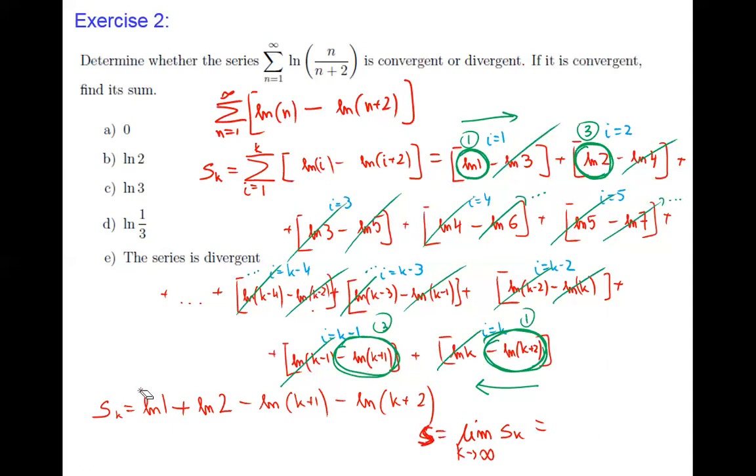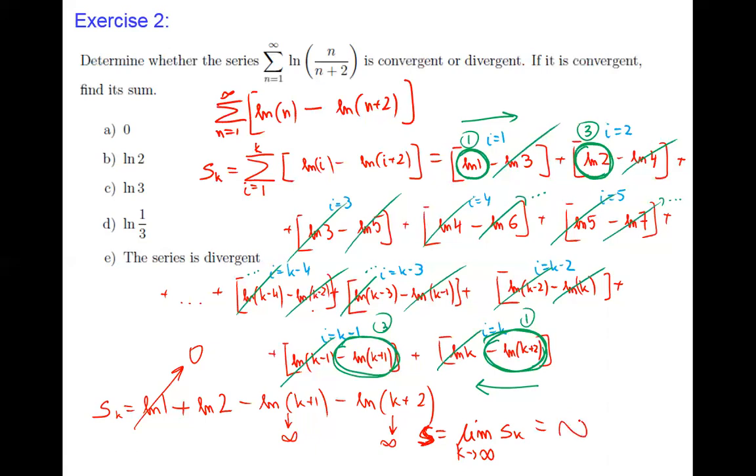And I will not copy this, I will just look at this. ln of 1, of course, is 0. ln of 2 is a number less than 1. And then if k is infinity, ln at infinity actually is infinity, right? Because the logarithmic function is an increasing function. That means this will go to infinity and this will also go to infinity.